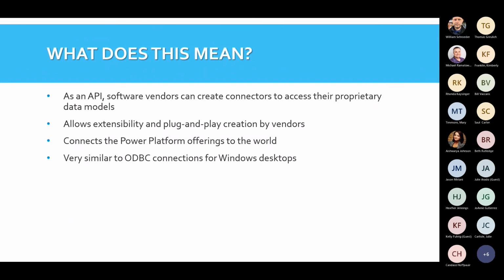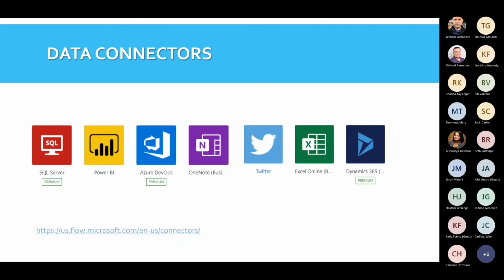At last count, probably close to 500, but 400-plus pre-built connectors are available to be used within the Power Platform. Now, there's no way I could even think about listing a subset of those, so I just picked one page here online, flow.microsoft.com/en-us/connectors.